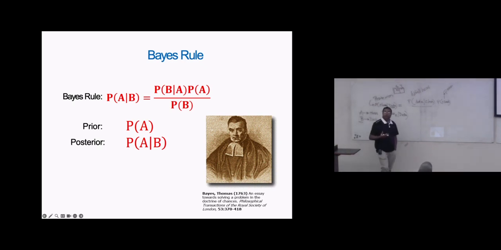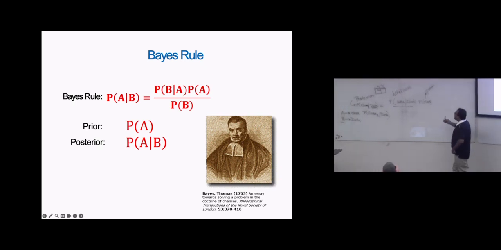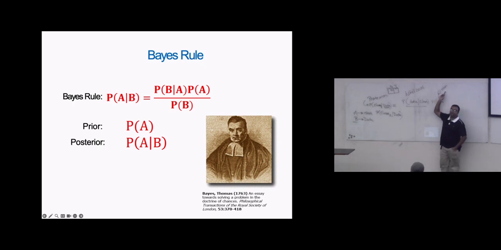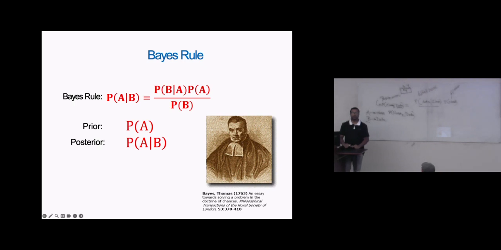So what Bayesian classification does is estimate likelihood and prior, and based on the likelihood and prior, try to infer the posterior. Questions so far? Yes. Repeat what you just said.